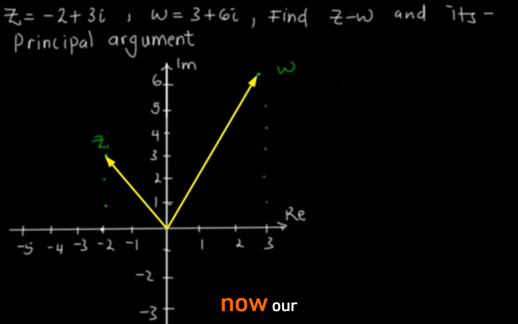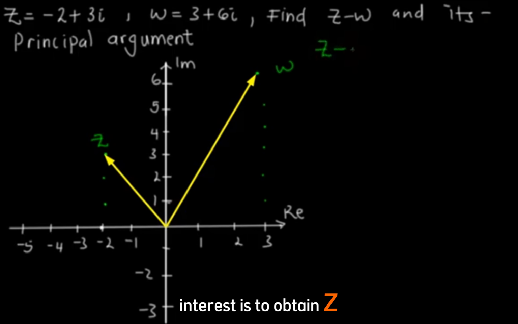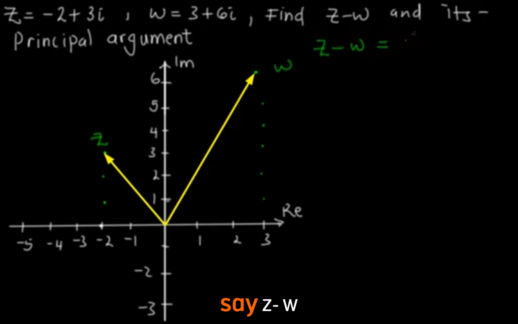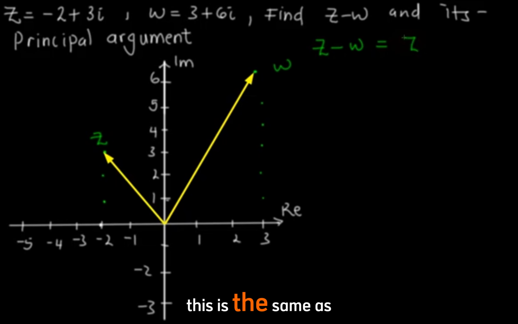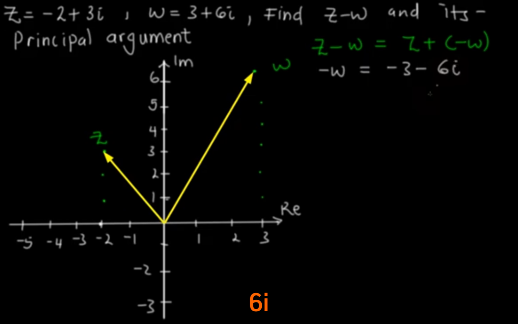Now our interest is to obtain z minus w, but we are going to say z minus w is the same as saying z plus the reverse of w, implying that if our w is equal to 3 plus 6i, its reverse is going to be equal to negative 3 minus 6i.